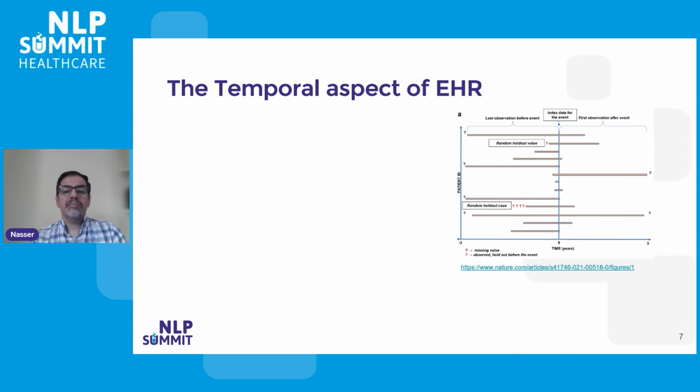The temporal aspect of electronic health records is an important aspect because the order of events that happen for every patient could contribute to many tasks, including longitudinal patient care, tracking the health status over time.